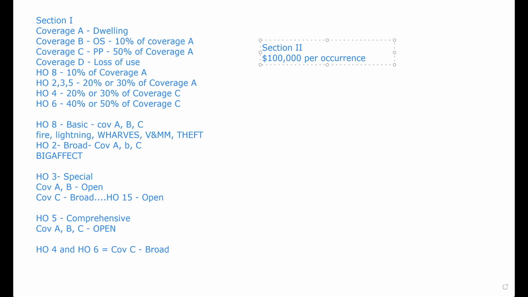So if you have some third parties you invite over to your house, maybe you're having a party and the deck collapses, and you have a lot of third parties injured, those people will all share the 100,000 limit per occurrence. Now there is $1,000 for medical payments.